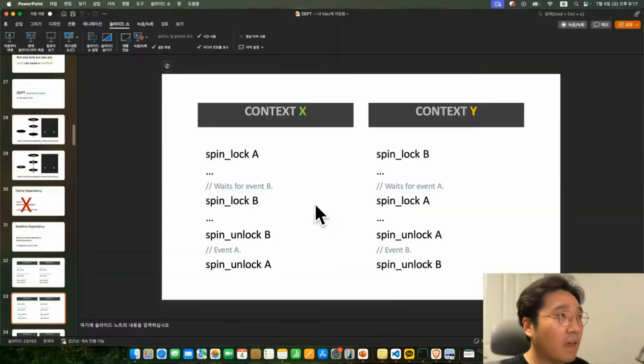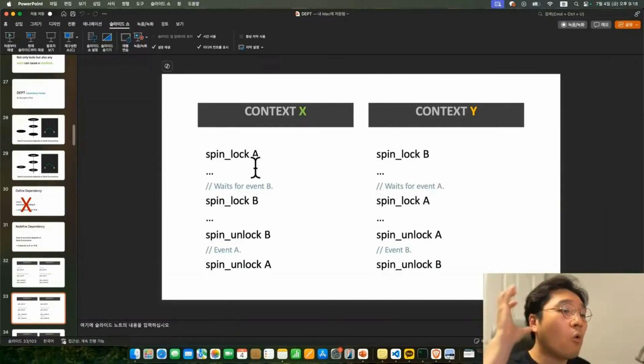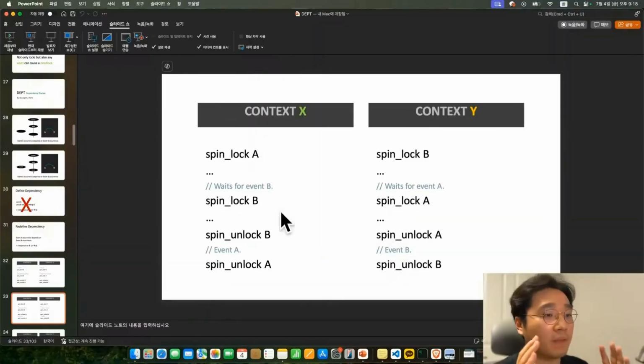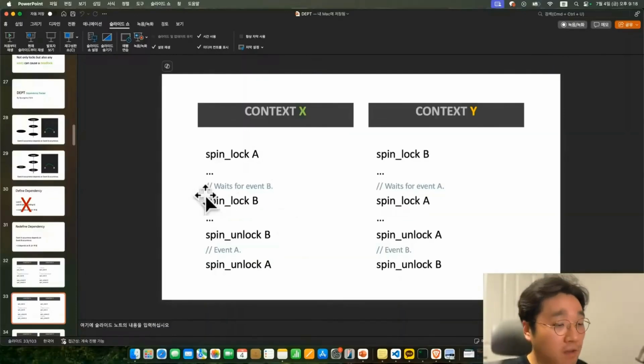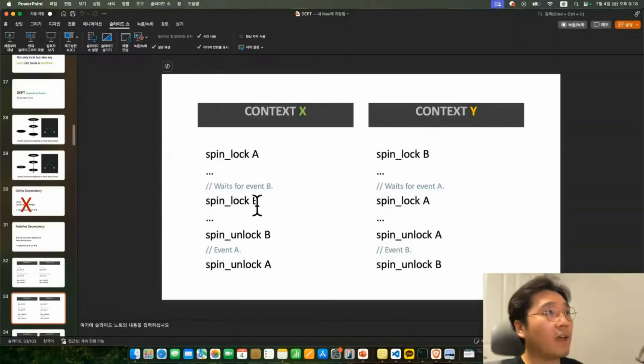We are not focusing on holding a lock A. We focused on waiting for an event. So we redefined from this comment, right?